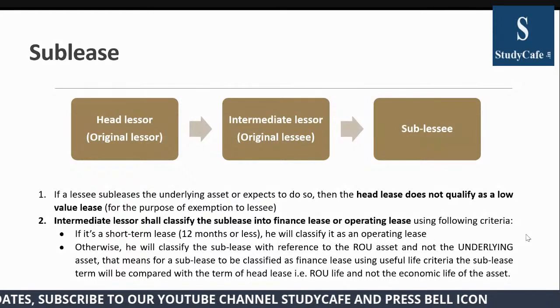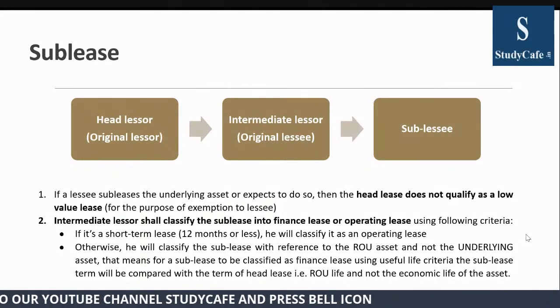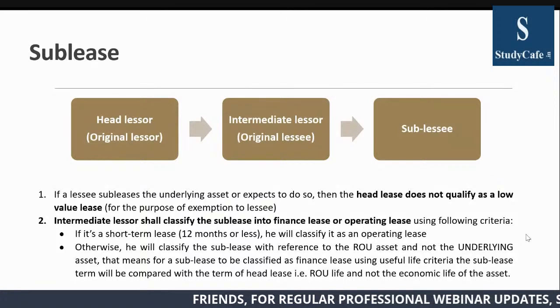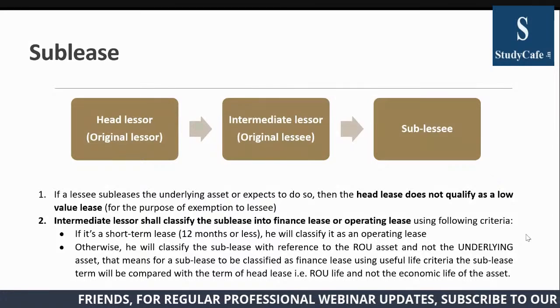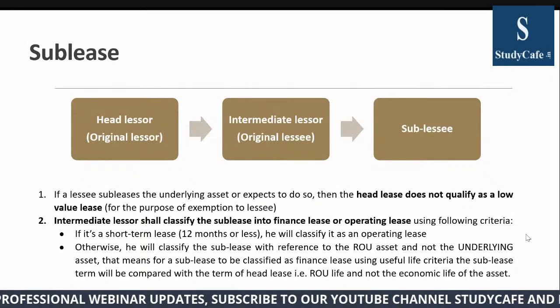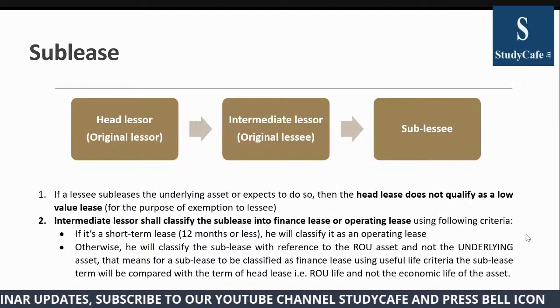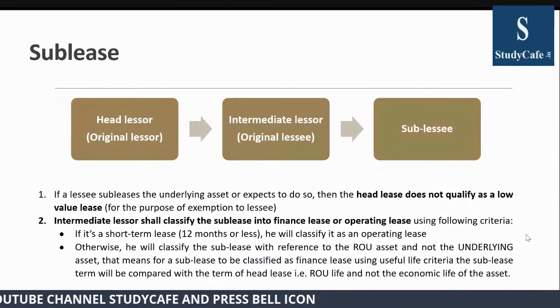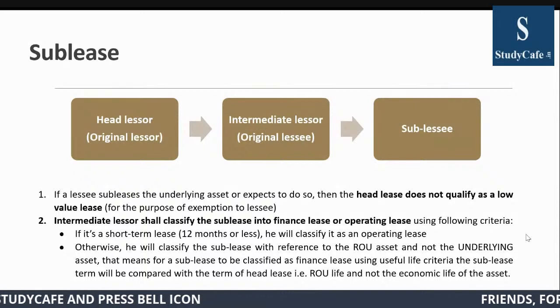So generally, in case of a finance lease, we see, suppose company A has taken that machinery from company B in the original lease for 5 years, and the economic life of that machinery is 10 years. But now company A has subsequently leased out that machinery to company C for 2 years.